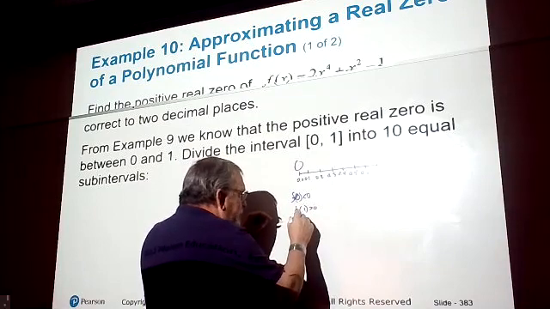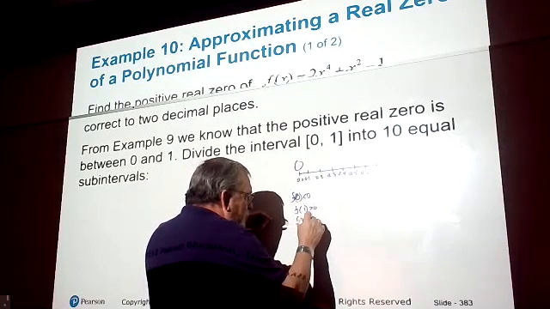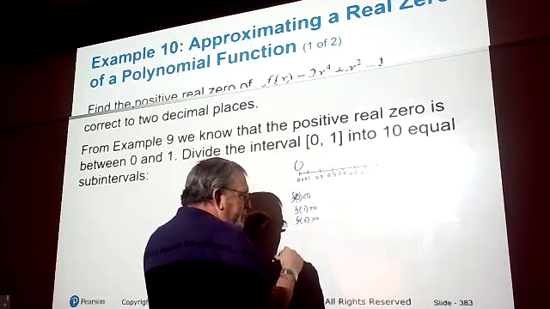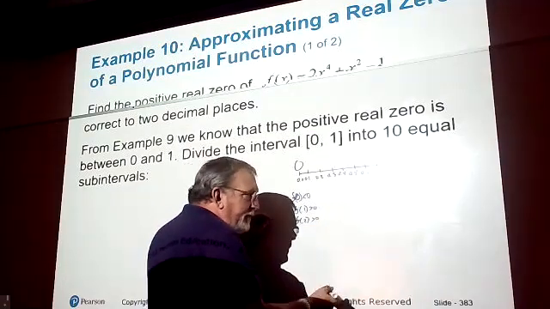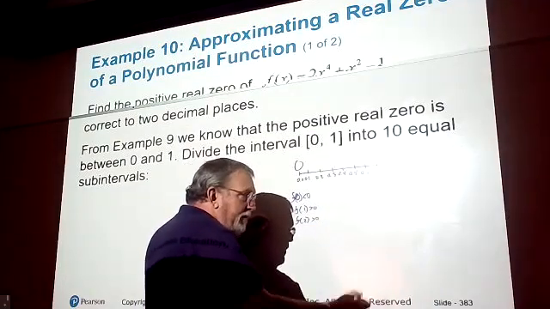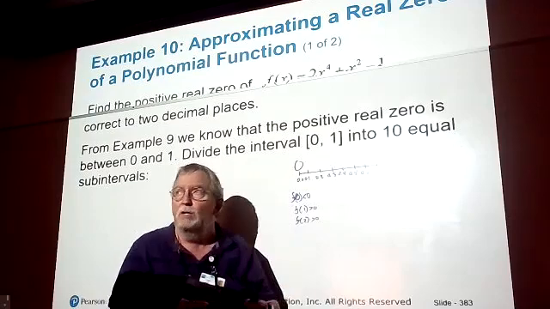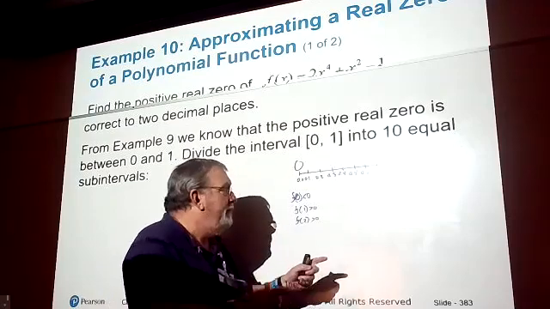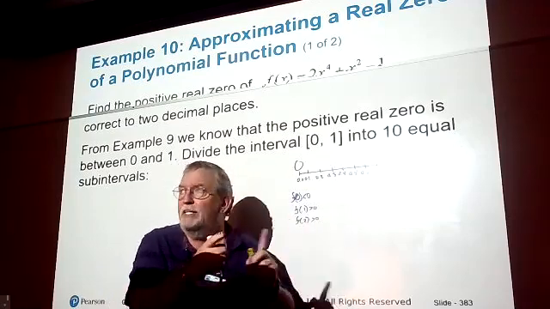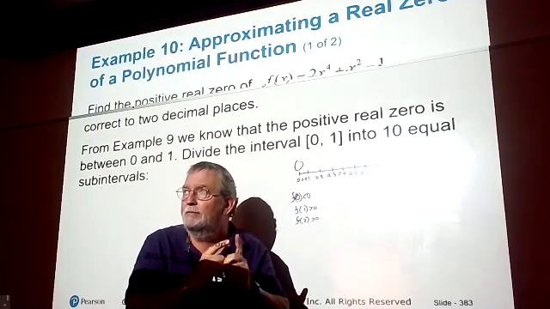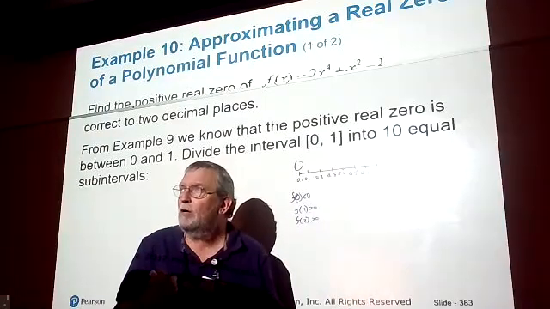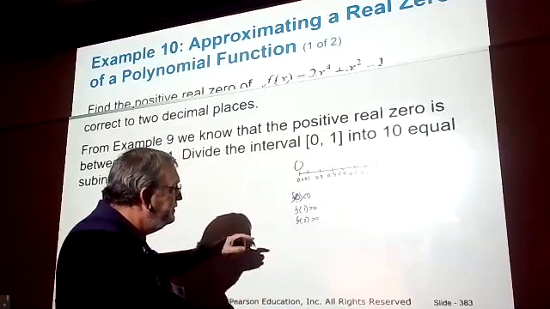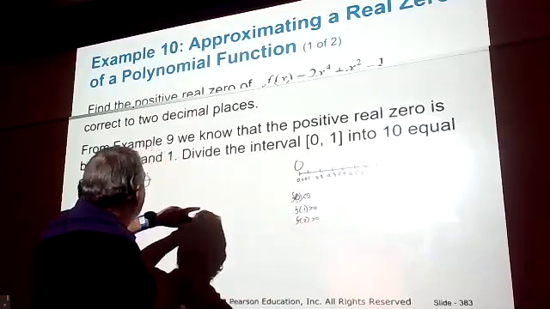If it isn't, then I go on to f of 0.2. Is that greater than 0? And then I do f of 0.3, and so on until I get to a place where it's greater than 0. Then between those two consecutive endpoints, I have a 0. And so I'm going to put 0.1 in for x.